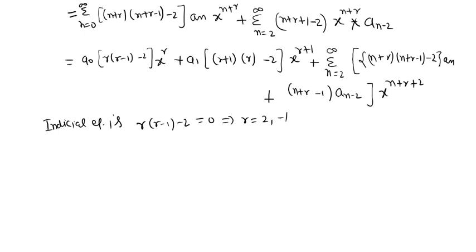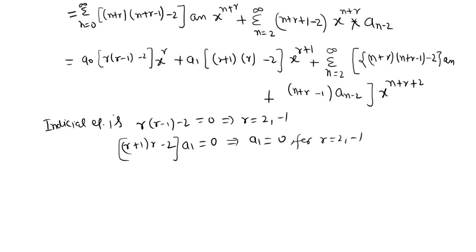Also the coefficient of a1 gives (r plus 1)(r minus 2) a1 equal to 0. So this gives a1 equal to 0 for r equal to 2 and minus 1.